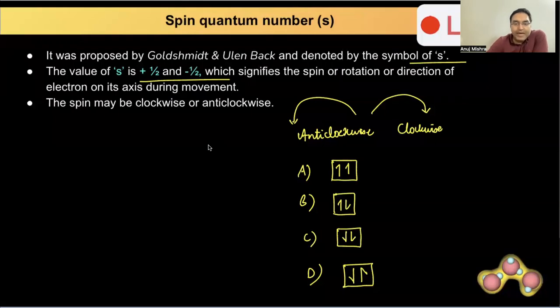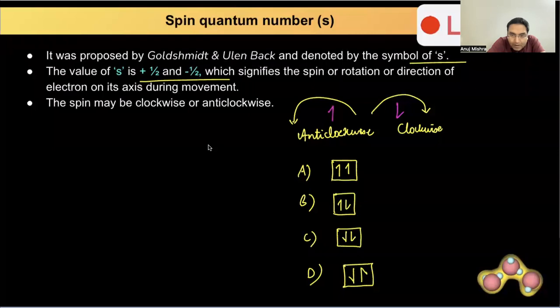Many of you are marking B and D, some are marking A also. See, clockwise and anti-clockwise are having values plus half and minus half. Their symbols can be like this. If one is like this, the other will be opposite of this. Why opposite? Because showing the opposite spin.